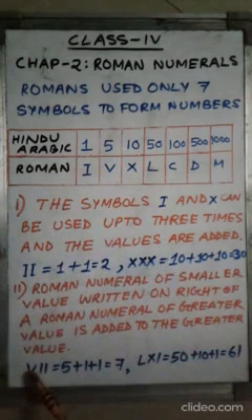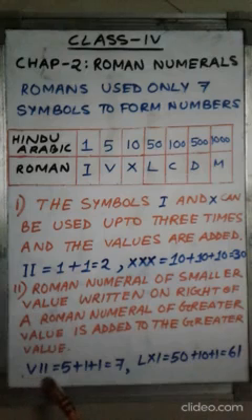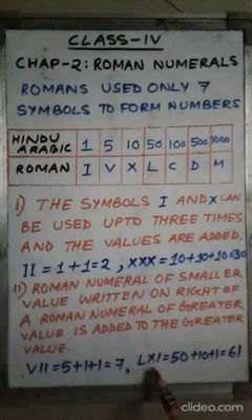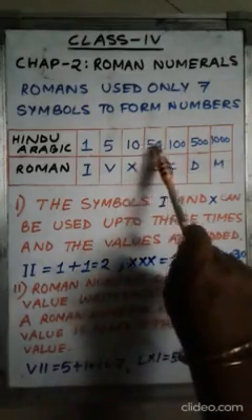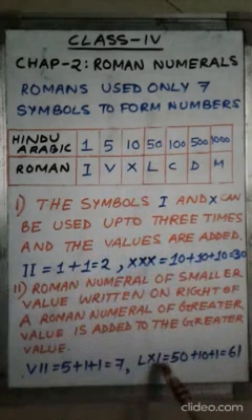So for this symbol, it will be 5 plus 1 plus 1. So it is 7. For this symbol, we can see that the Hindu-Arabic value is 50.